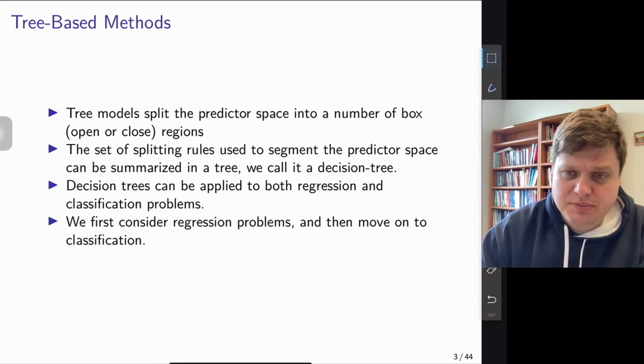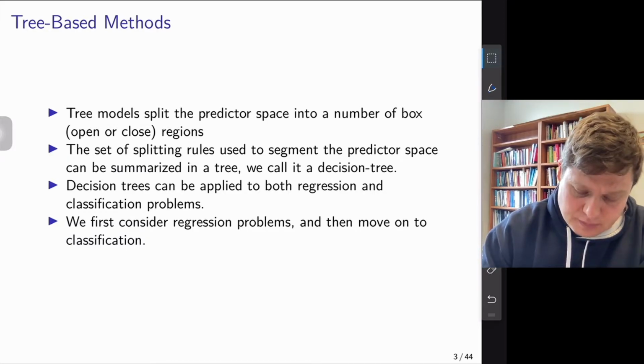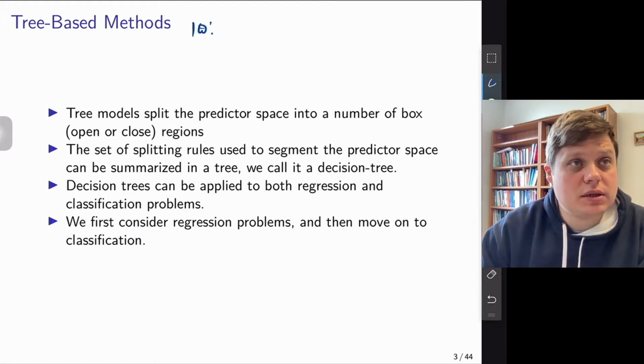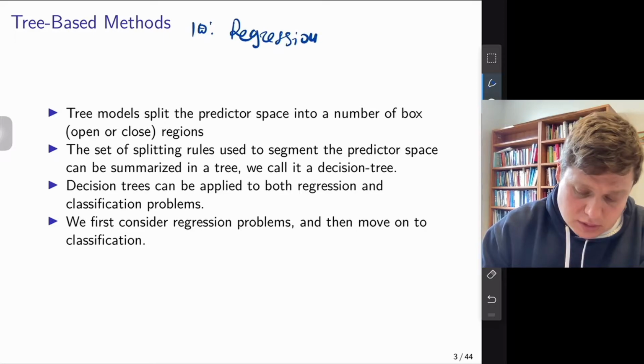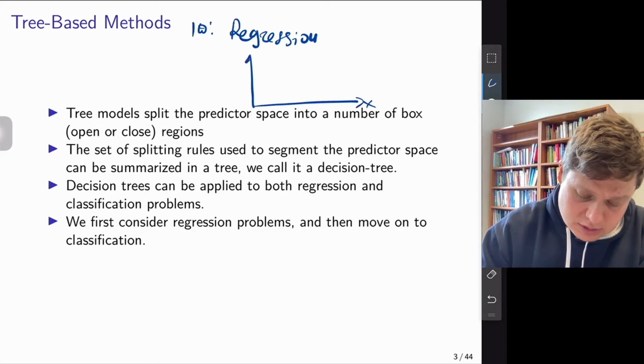Let's consider a very simple one-dimensional case, the problem of regression. So let's say I have this data set. It's just x and y, and the observations are like this.